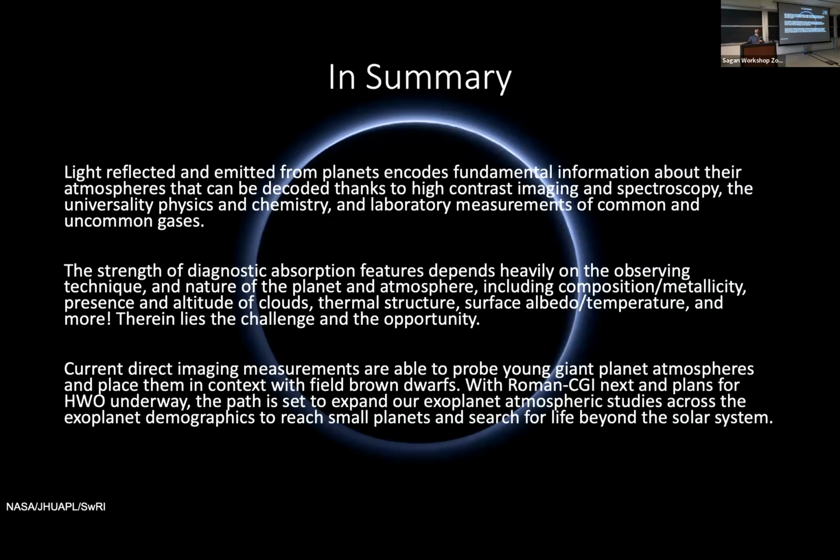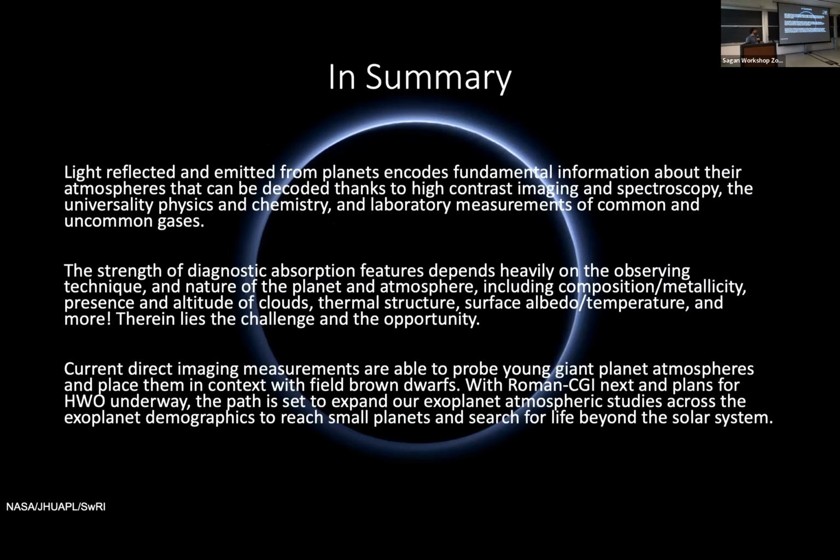There's so much rich detail. And that's a challenge when it comes to predicting planets we don't know that much about, but there's also the opportunity to learn so much about planetary atmospheres by making these observations, by building the instruments that allow us to fill in this parameter space and do comparative planetology for a large number of planets.